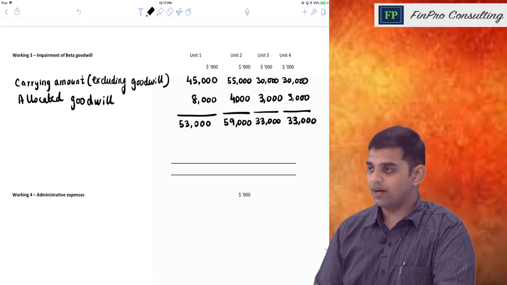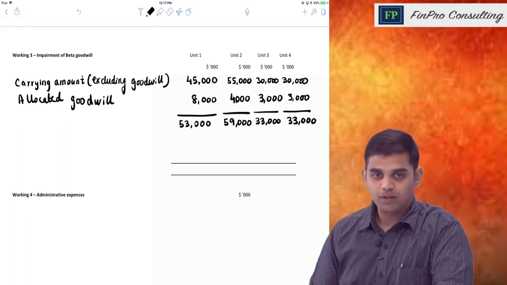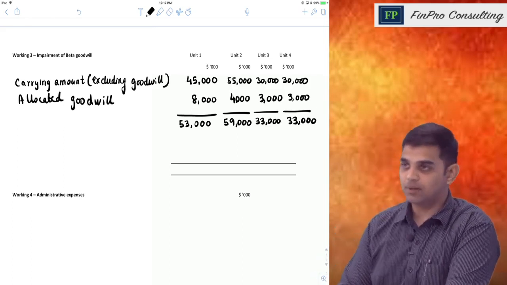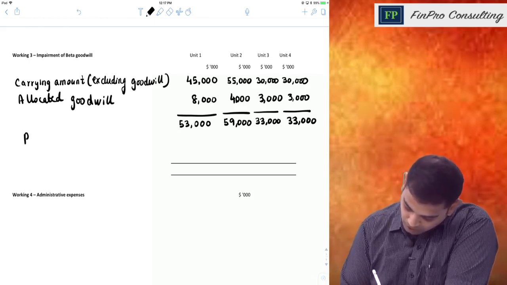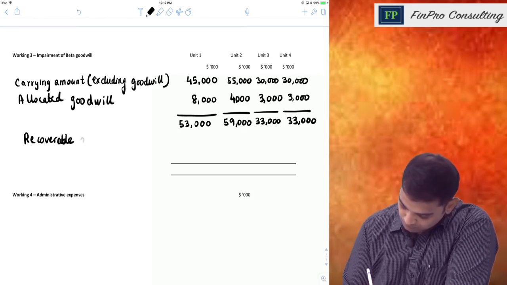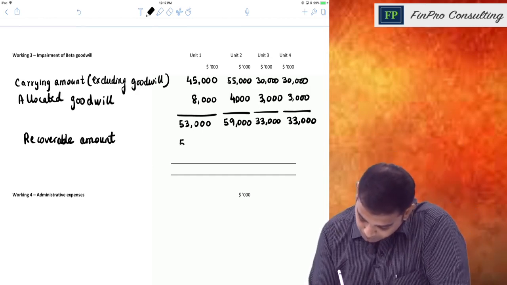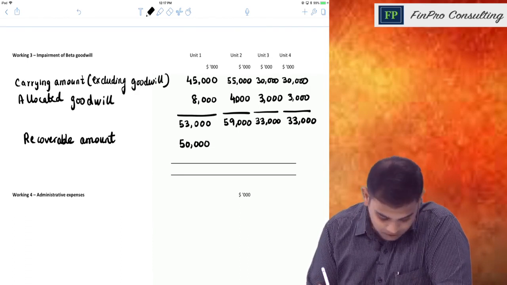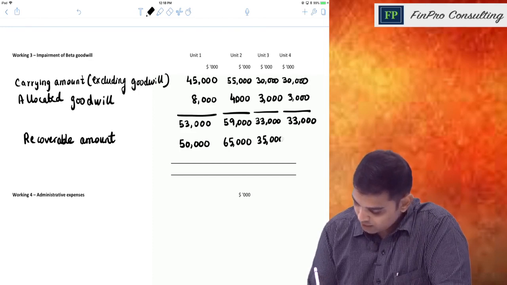Okay. So we have got the carrying amount after allocation of goodwill. Now we will compare this with recoverable value. So next item, recoverable amount. Again given: 50,000, 65, 35 and 35.